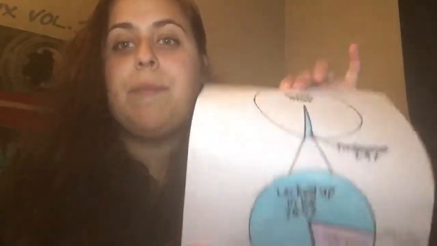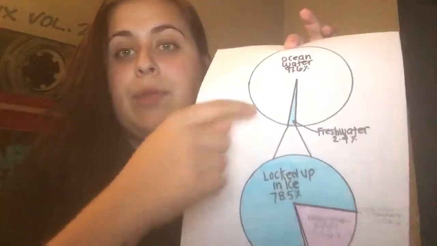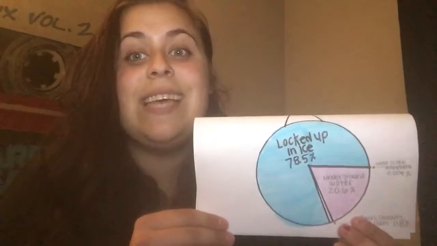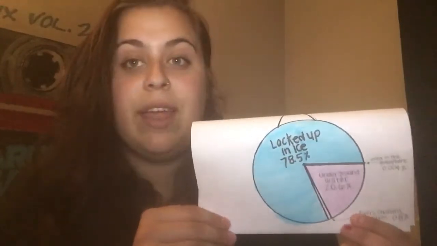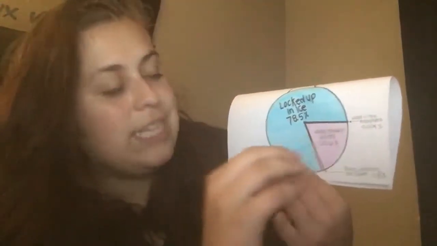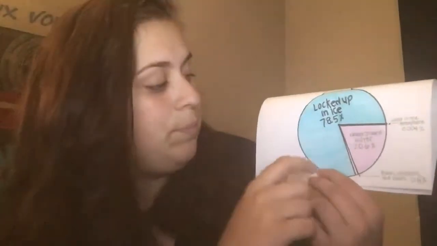So here is the bottom part, which is this light blue part, just bigger. So we can break that down now. The big blue part is the majority of fresh water on Earth, and that is 78.5% of it, and it's locked up in ice, which is kind of useless. This little sliver right here, a very, very small amount, is the water that is in our atmosphere.